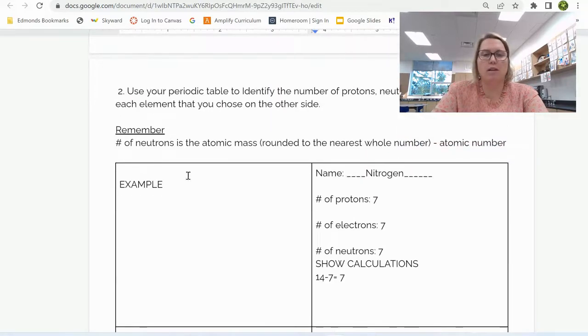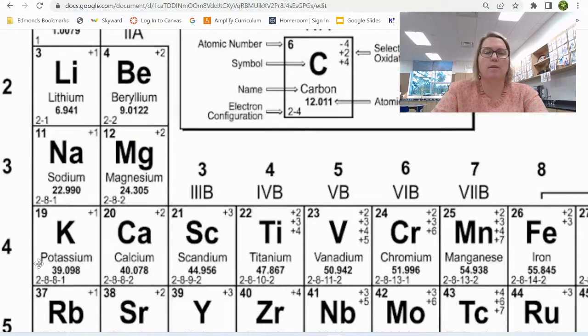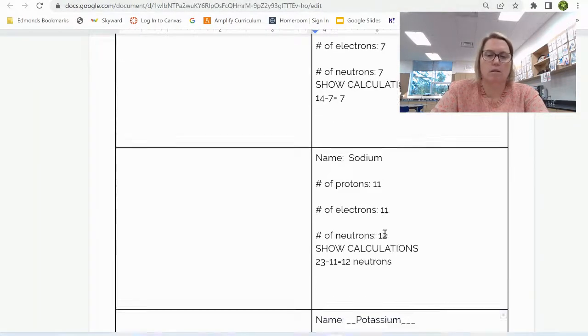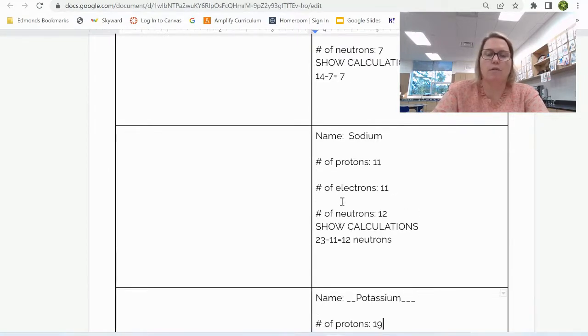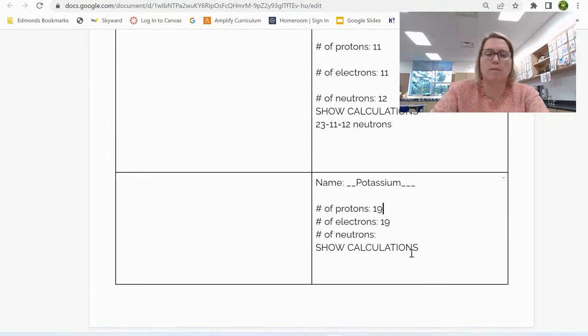The number of neutrons, again, is the atomic mass rounded to the nearest whole number minus the atomic number. The atomic mass is 39.098. I have to show my calculations.